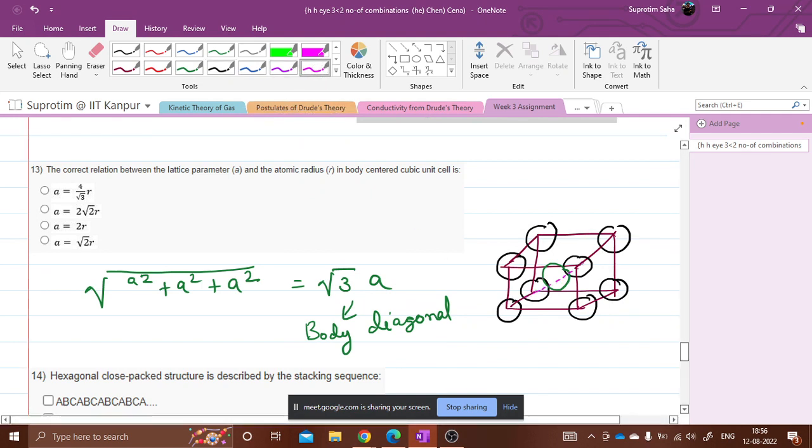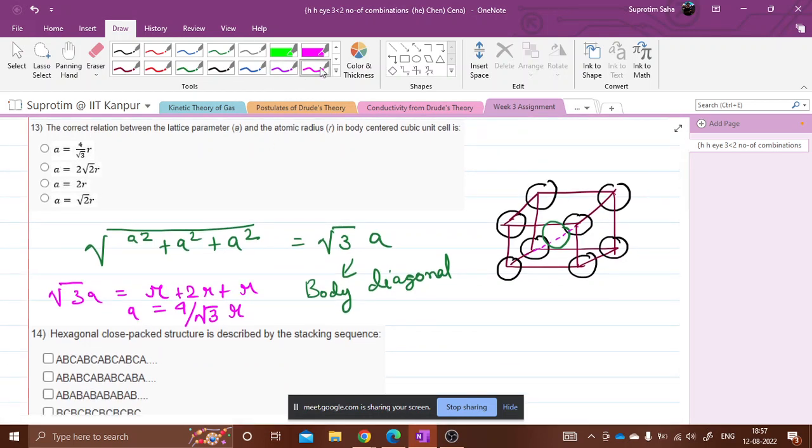But it will consider only half of the corner sphere, the full middle sphere, and half of the other corner sphere, since half is outside. So root 3 a equals r plus 2r plus r, which gives you a equals 4 by root 3 r. That is the relation, 4 by root 3 r.